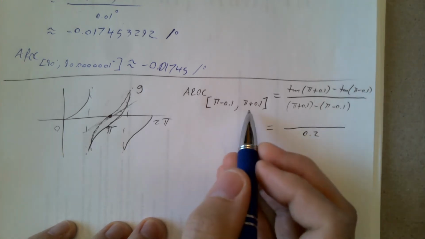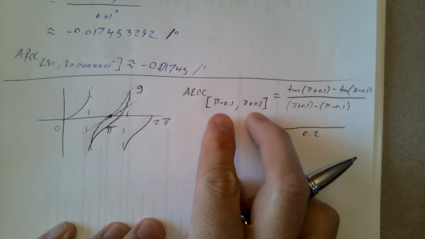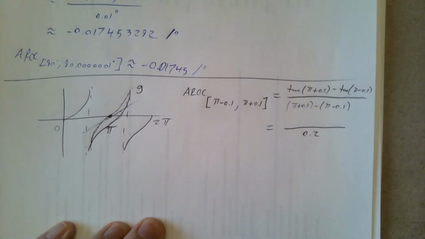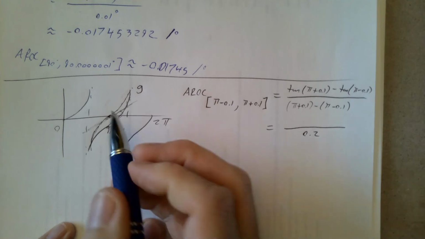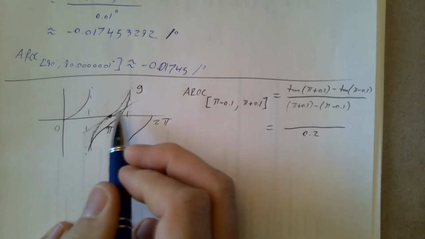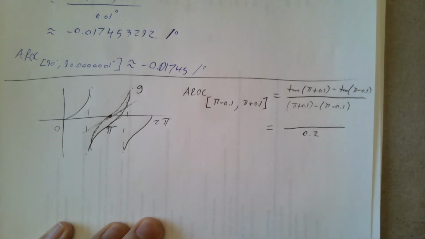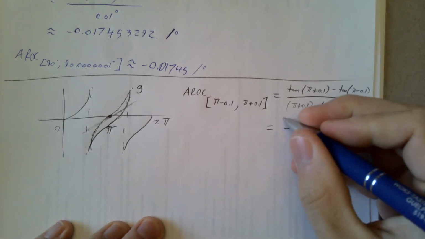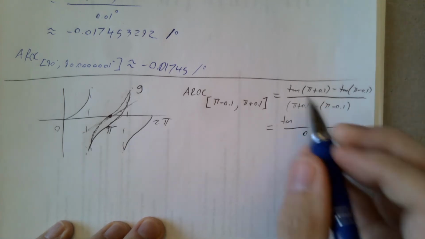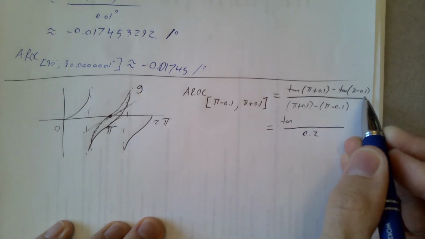We sort of decided that when we decided we were going to use a centered interval of size 0.1 to both sides. We decided that we're doing a centered interval of width 0.2. Okay, I don't want to approximate in the numerator. Let's make sure we understand there's no tan pi minus tan pi eliminating here.